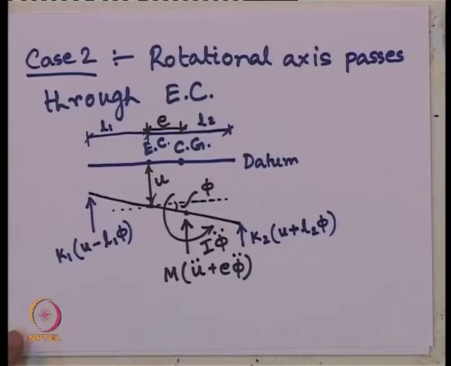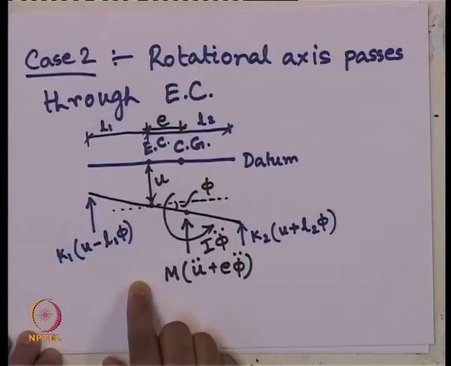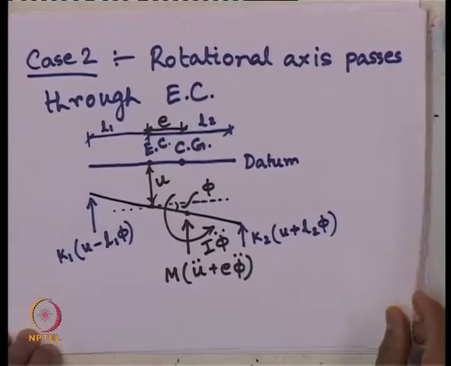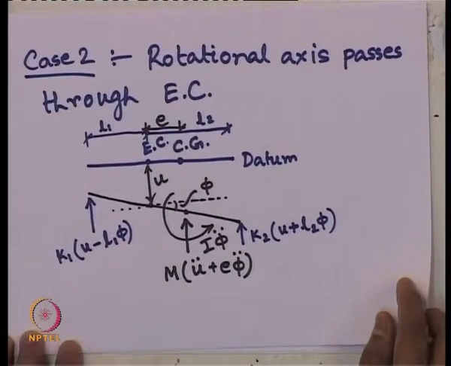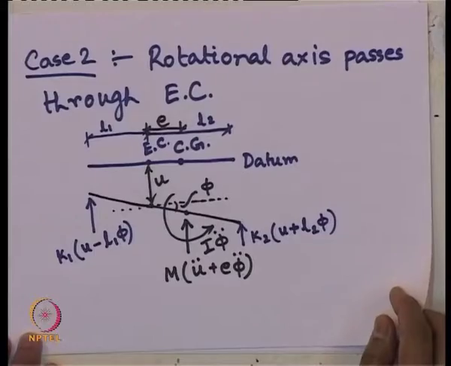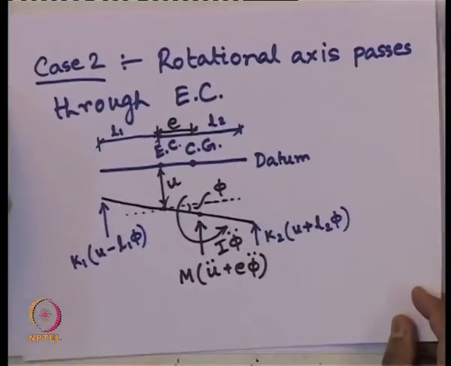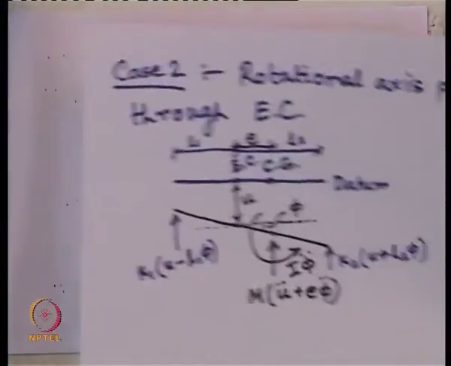Now, again we will apply D'Alembert's principle for both the moment equilibrium and the vertical force equilibrium, about, say, the EC. If we take the equations in the form of a matrix, how should it look? Let us see.